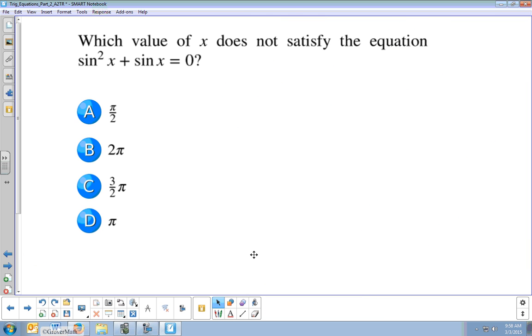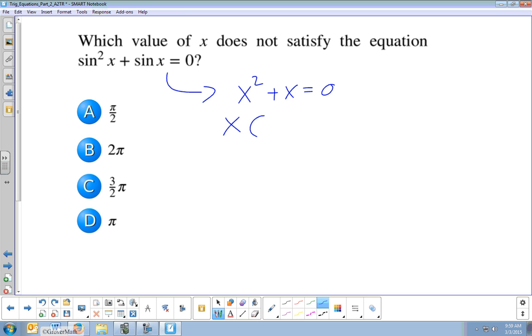Okay, next one. Which value of x does not satisfy the equation? Well, you can guess and check here since it's multiple choice, but let me do the solving practice here. So first, let's think of sine x as x. So that's really just x squared plus x equals 0. The factoring part is a GCF, x and x plus 1 equals 0. Set them both equal to 0.